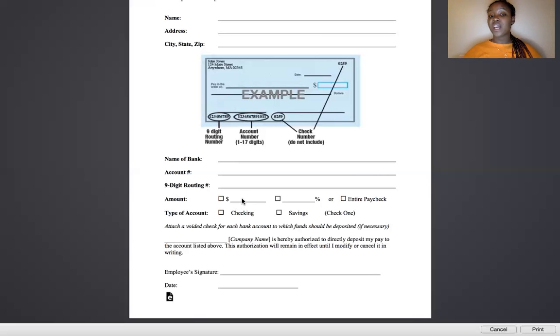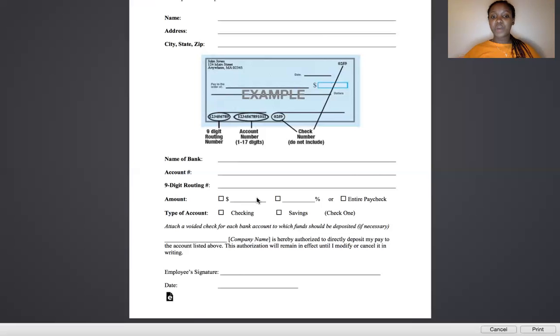You can say $300. So if you say $300, that means $300 will go directly into your bank account, and then $200 can come in a form of a check to you.